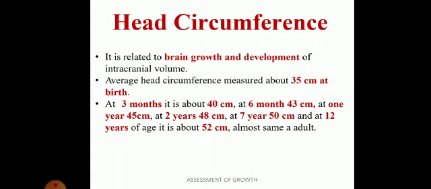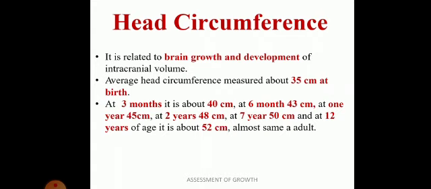Okay, now what about 7 to 12 months of age? You add half per month. Clear? So if I want to calculate the head circumference at the age of 1 year, it is 35 plus 2 plus 2 plus 2 for the first 3 months, then plus 1 plus 1 plus 1 for the 4th, 5th and 6th month, then plus half five times up to 12 months.